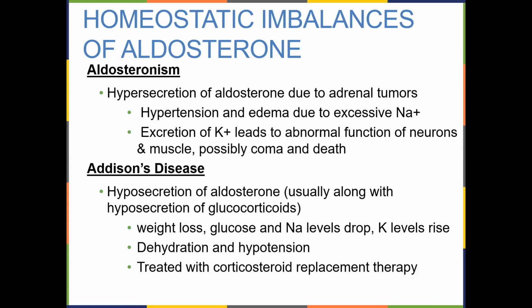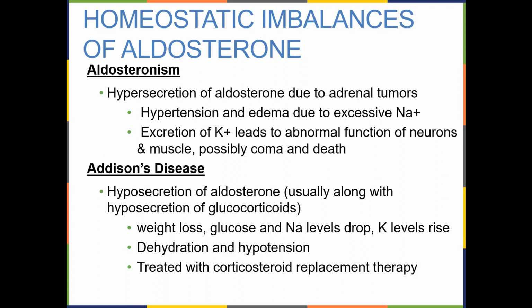Now, one of the more well-known conditions with aldosterone is Addison's disease. Addison's disease is caused by the hyposecretion of aldosterone. You're not producing enough aldosterone.